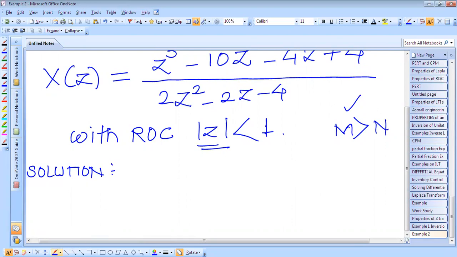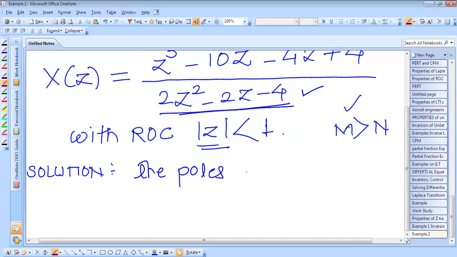Okay, so the solution for this is we have to find the poles by determining the roots of the denominator polynomial. This is the denominator polynomial, and we have to find its roots, and roots are nothing but the poles.